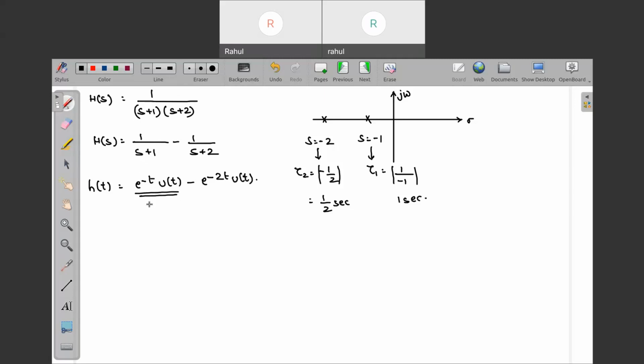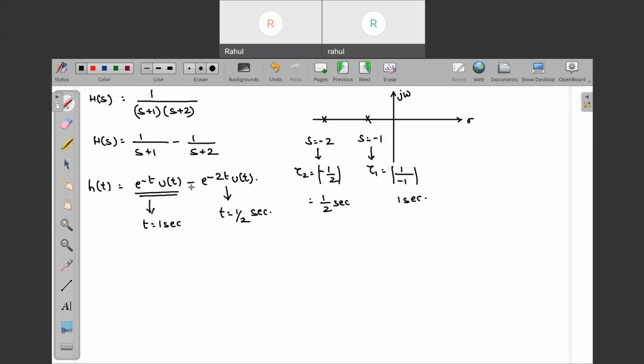That will be at t equal to 1 second. And over here you can see at t equal to half second, this is going to be at 36.8% of its initial value. So you can see from this concept also we are getting the same answer that I have told you. This is basically the time constant of your system.